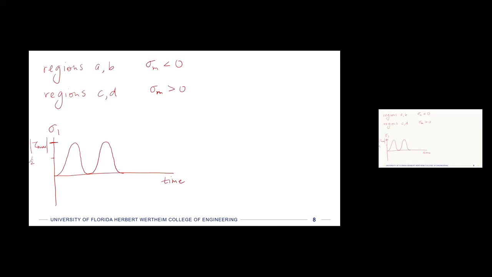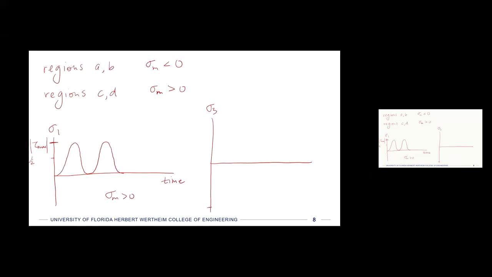So if we look at just this component of stress, this component of stress has a mean stress greater than 0. Okay, so that means we should be in region C and D. Now let's look at sigma 3. Uh-oh. So now we're actually going to have the opposite, right?